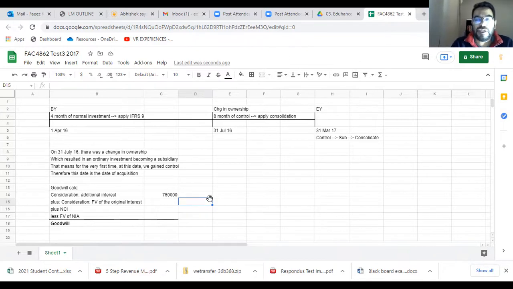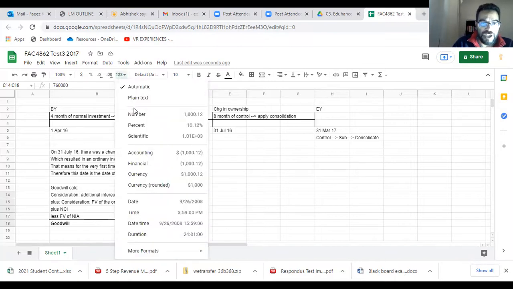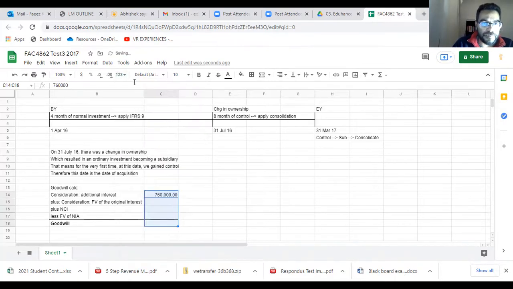But generally, they keep it simple over here. Okay, they'll generally be a bit more challenging in a non-change in ownership. But just take note, it doesn't mean it can't be challenging. Okay. So just take note, the additional interest was the 60%, 760.